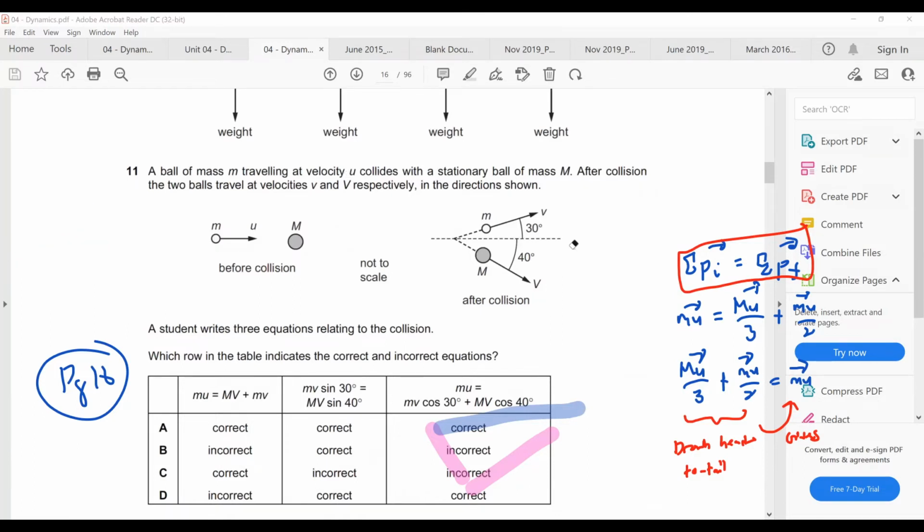You have a ball of mass m traveling at velocity u that collides with a stationary ball of mass capital M. After collision, the two balls travel at velocities small v and big V respectively in the direction shown. A student writes 3 equations relating to the collision. Which row in the table indicates the correct and incorrect equations? Wait, this is page 16, yeah.